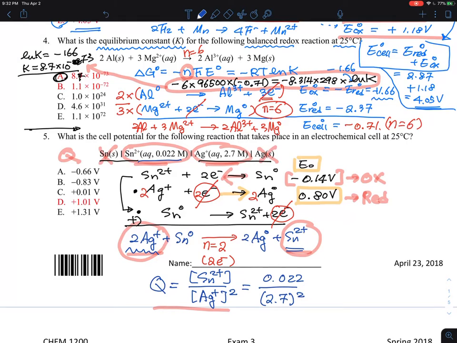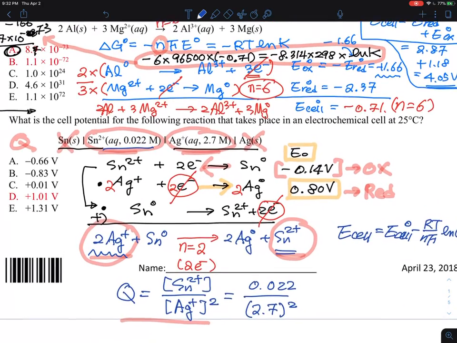You just go and look at the reference sheet and then find these values, right? So E cell is E cell naught minus RT over NF natural log Q. So that's the Nernst equation that allows me to calculate those numbers.